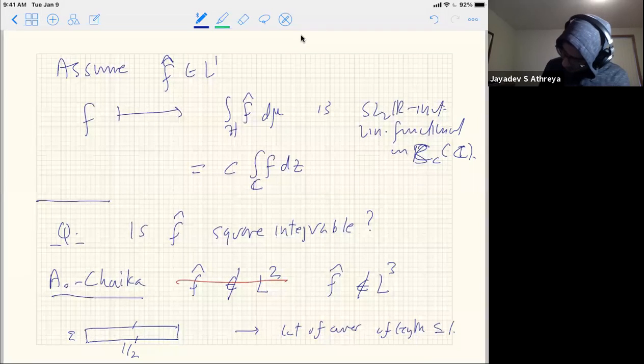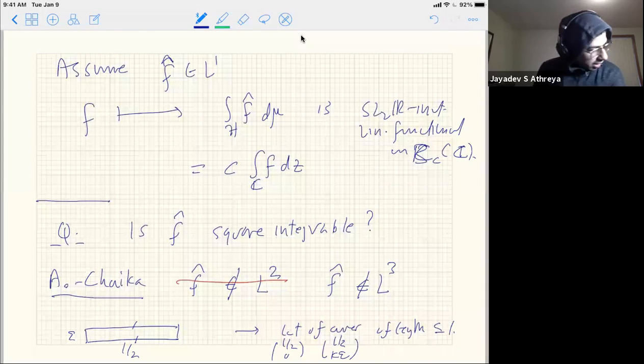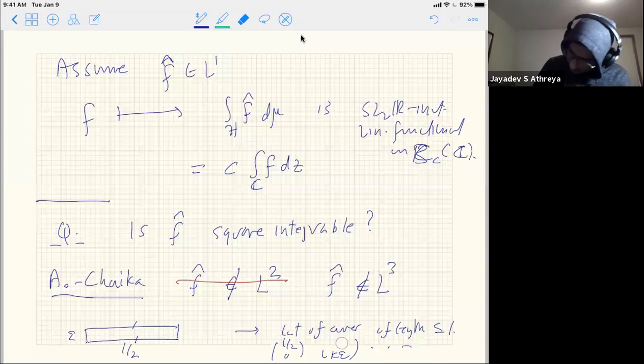Basically, if you had a curve of length 1/2, you could get curves of the form 1/2 plus k times epsilon. Sorry, that's very sloppy writing.